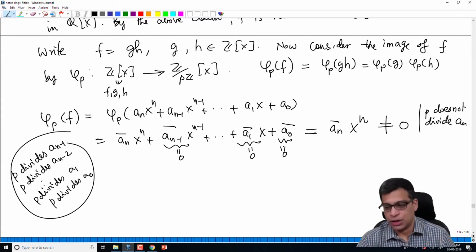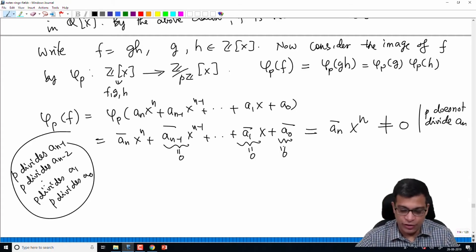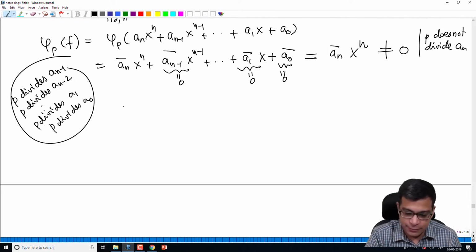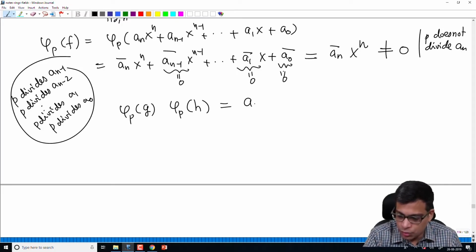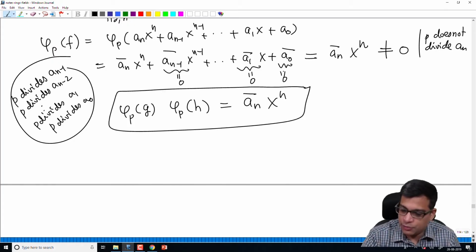That means a_n bar is not 0. So a_n bar times x^n is a non-zero polynomial. So phi p F is actually just a_n bar x^n. But phi p F, remember, is phi p G times phi p H. So phi p G times phi p H is a_n bar x^n.